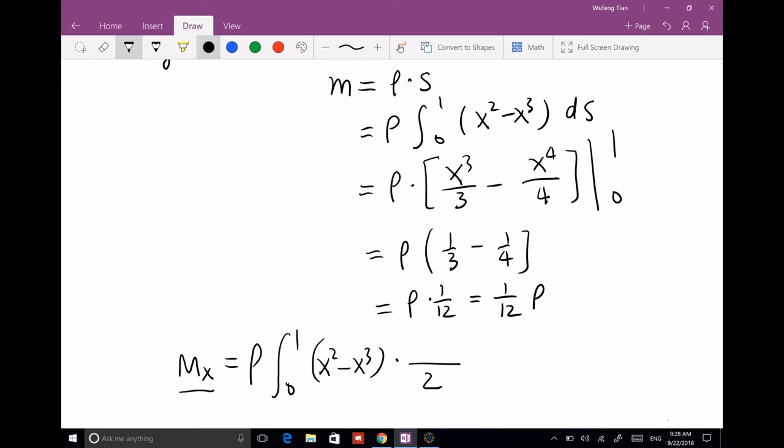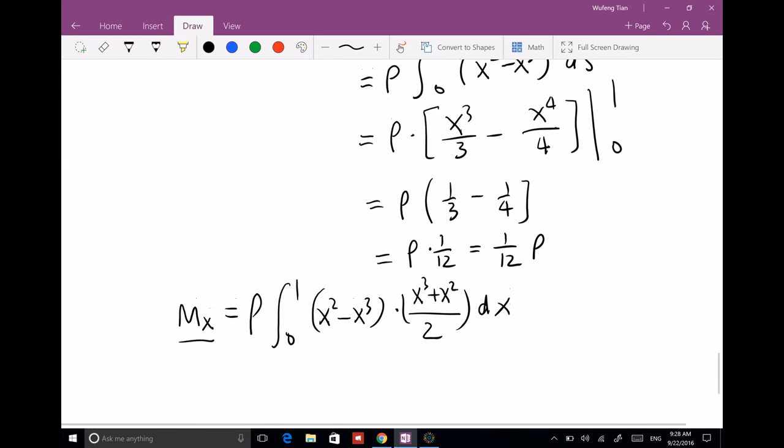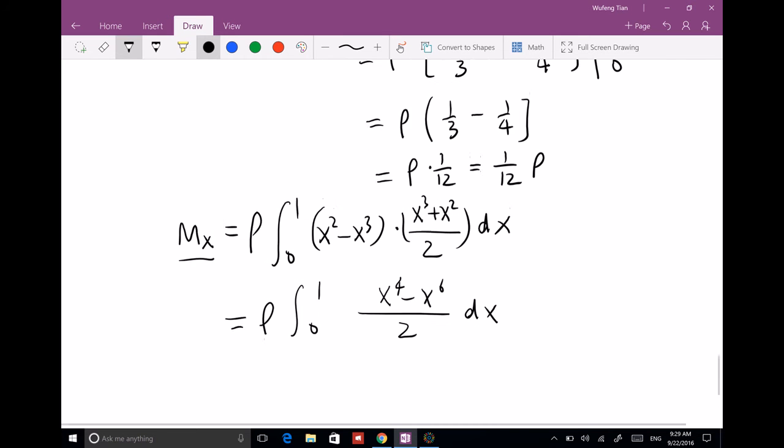Half of x cubed plus x squared, and dx. And then we continue finding Mx. So rho, x cubed and x squared, from 0 to 1, half of x to the 4 minus x to the power 6 dx, and we take the antiderivative of this.